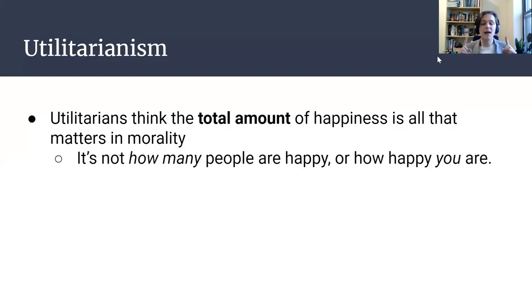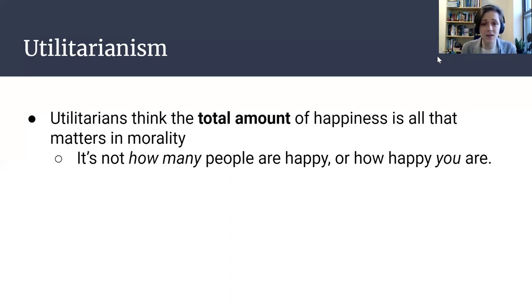And note, that doesn't mean increasing the number of happy people in the world. Right? If you can make 3 people a little happy, or make 1 person really, really happy, then as long as this 1 person's happiness outweighs these 3 people's happiness, you should make the 1 person happy.